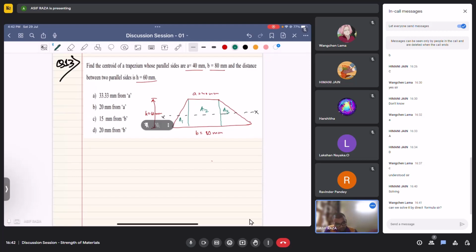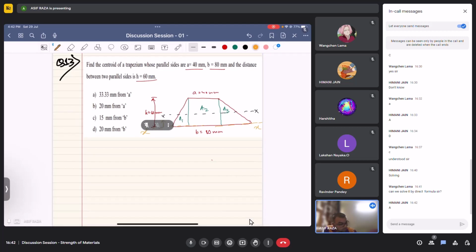To find the centroid, suppose I take this small x as my origin, so I measure everything from here.